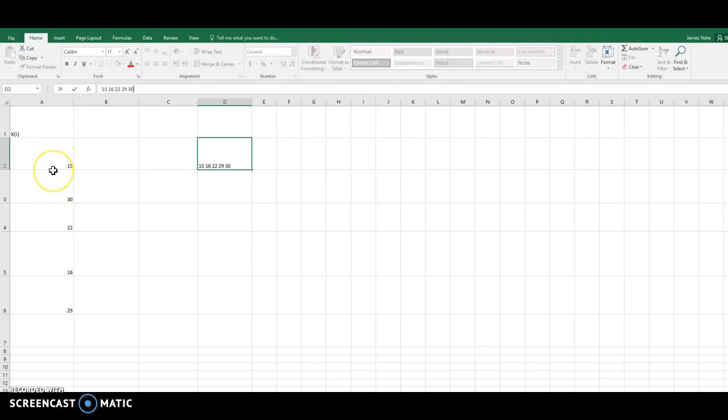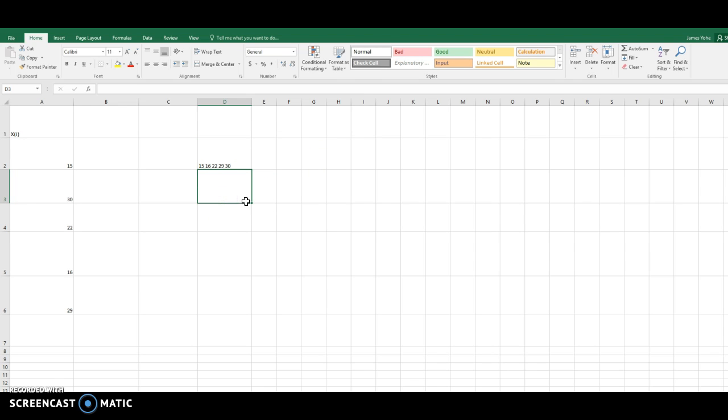Now, I have an odd number of observations. I have 1, 2, 3, 4, 5 observations in my data set. I've arranged them from lowest to highest. When you have an odd number of observations, the one exactly in the middle, in this case 22, is going to be my median.